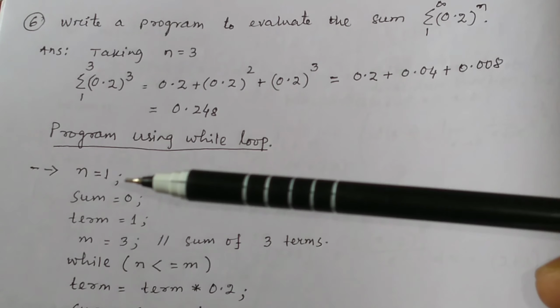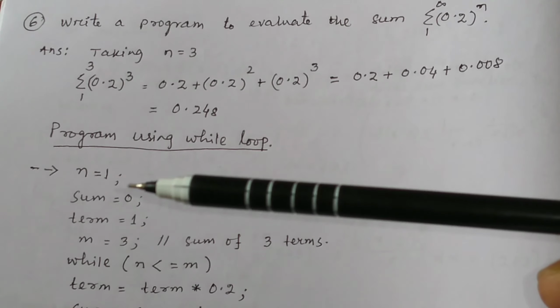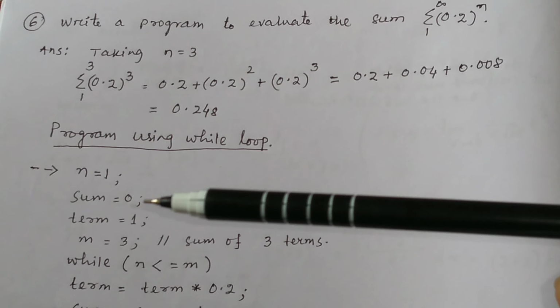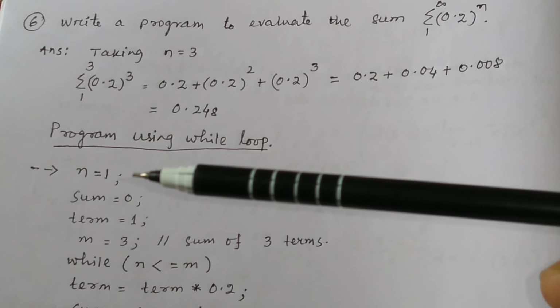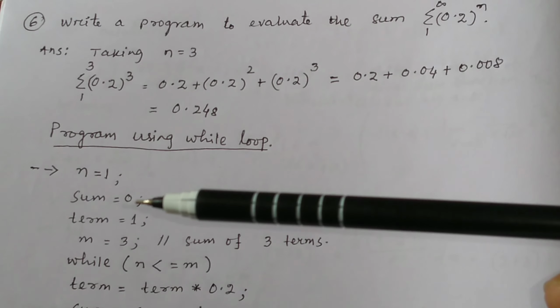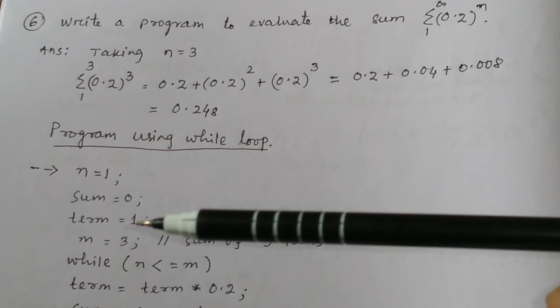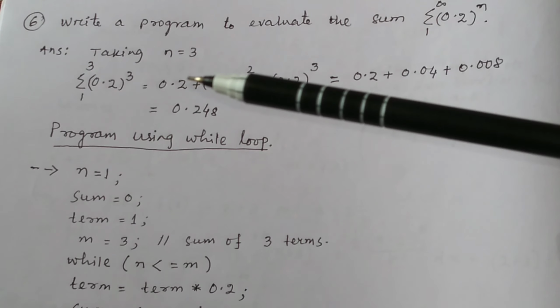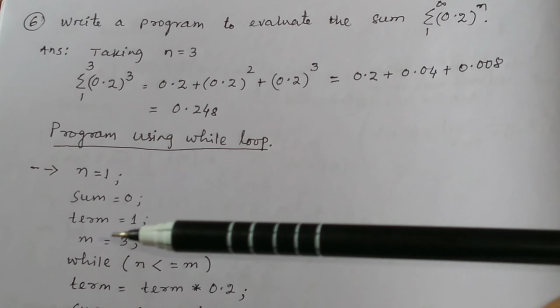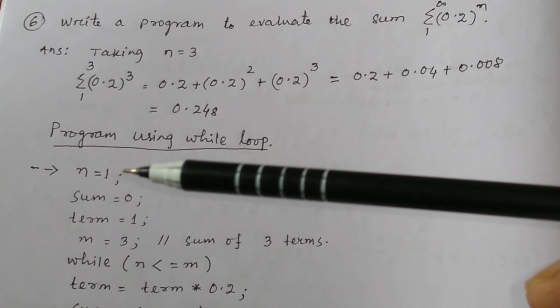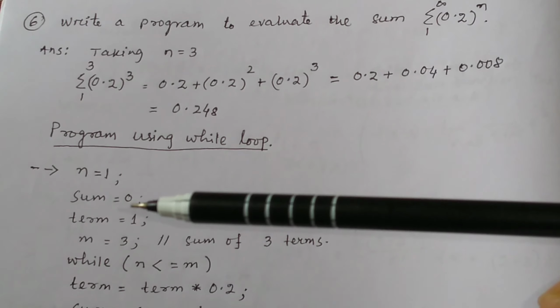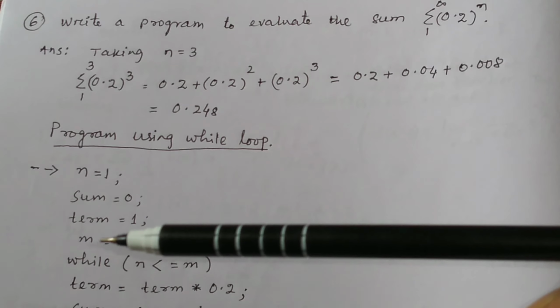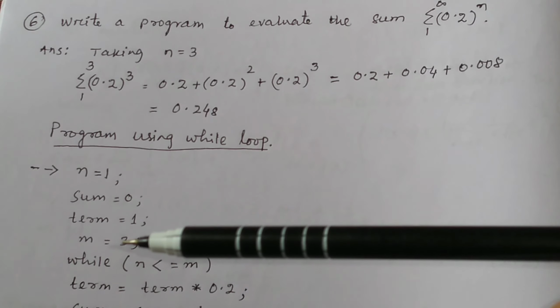Here I have taken n equal to 1, sum equal to 0, and term equal to 1. This is the first term. Instead of n value 3, I have taken m equal to 3, because I have taken n equal to 1. So for the sum of 3 terms, I have taken m equal to 3.